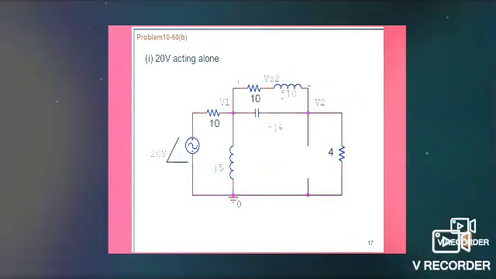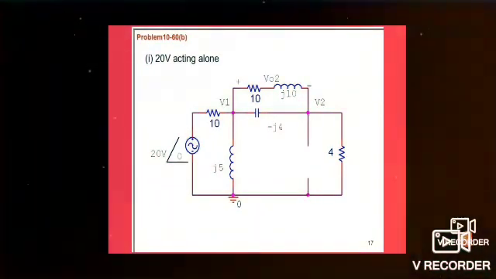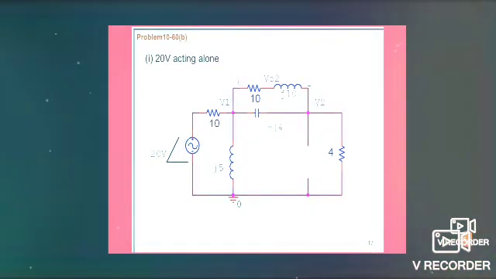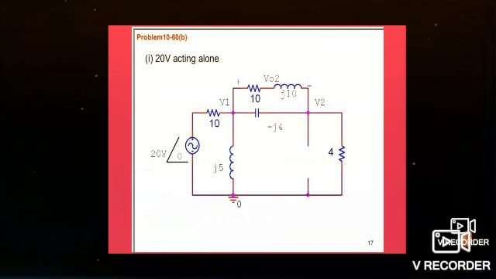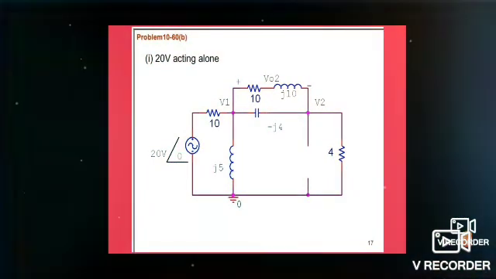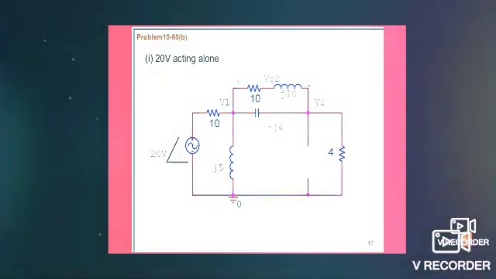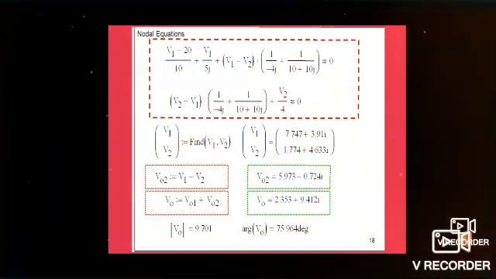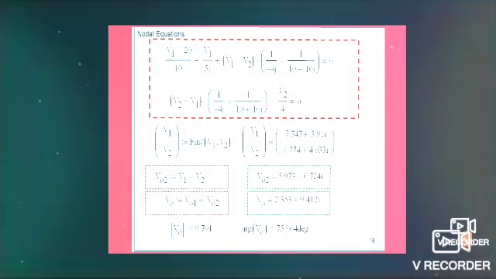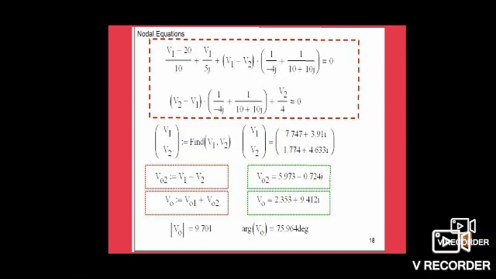Now the 20 volt source is acting alone and the 4 ampere source is removed. So keep the 20 volt voltage source and remove the current source. Now we find the voltage across the 10 plus J10 ohm, taken as V02, using the same nodal analysis. The nodal equations are V1 minus 20 divided by 10 plus V1 divided by 5J plus V1 minus V2 into 1 by minus 4J plus 1 by 10 plus 10J equal to 0.